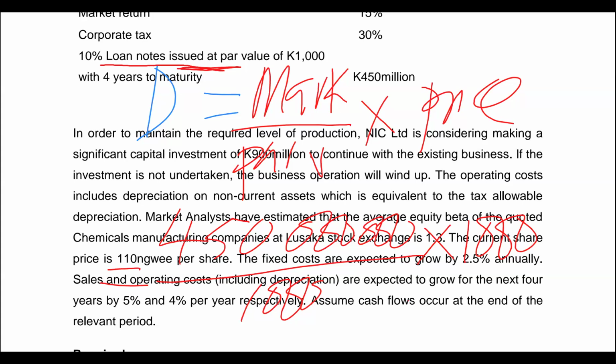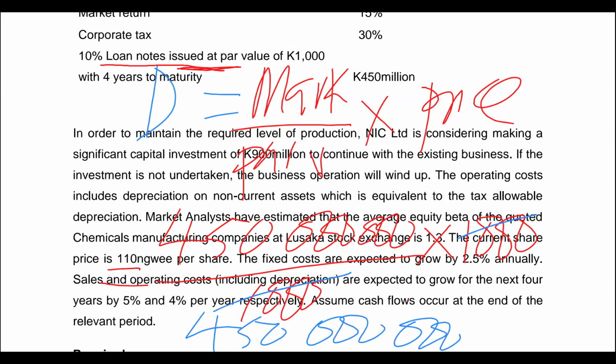All right. So when we work out, what do we get? You have 450 million. Are you following the math? Yes, sir.